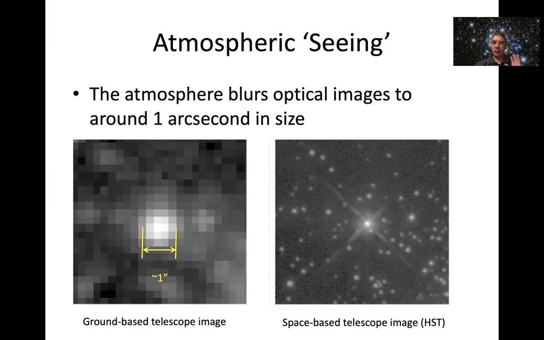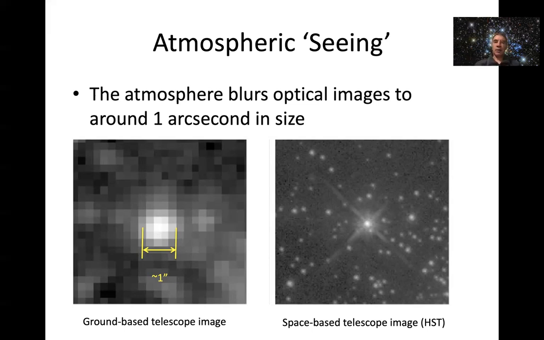And that is nothing to do with the diffraction limit of the telescope, which would invariably be much better than this. It's to do with the blurring effect of the Earth's atmosphere that affects the optical light as it comes down through the Earth's atmosphere.